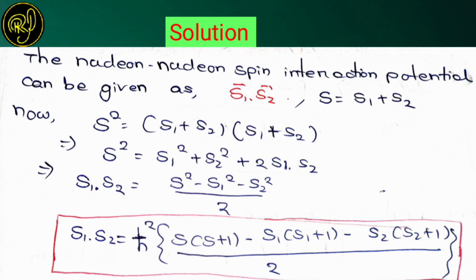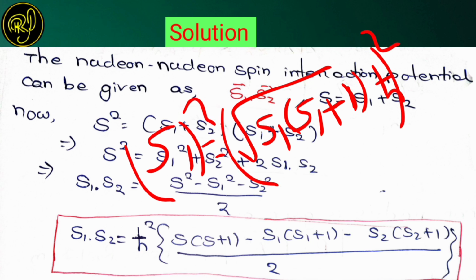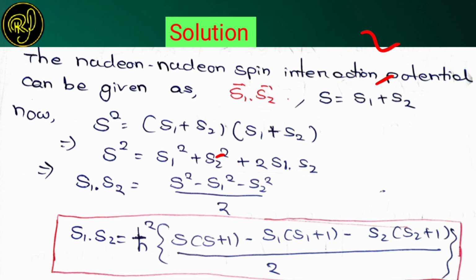Similarly, S1 is equal to root of S1 multiplied with (S1+1), h cross outside. So when you square it, we get S1(S1+1) times h cross squared.